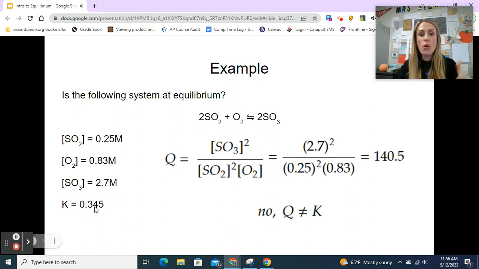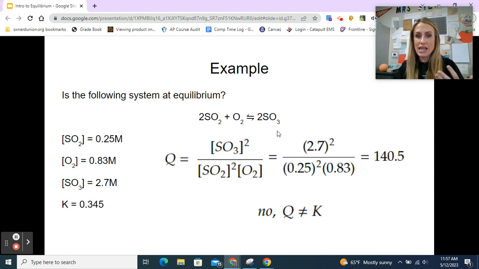So in order for that thing to decrease, I need the concentrations of my reactants to increase and the concentration of my product to decrease. Because if I increase the denominator and decrease the numerator, my Q will decrease. All right.